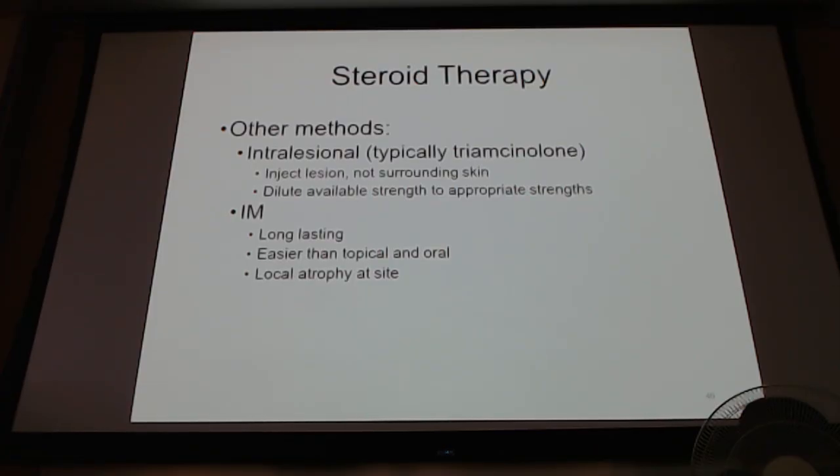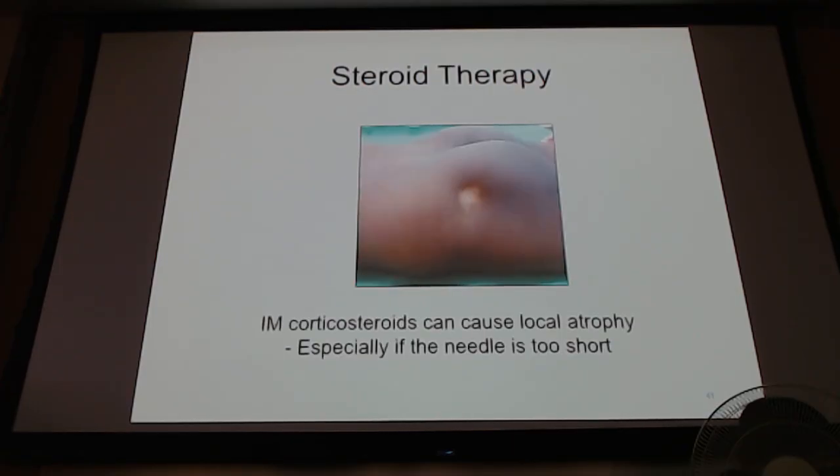So intralesional, dilute, depending on what that strength is, how that works. IM, if we're having some of that injection into that muscle, then we can have some of that atrophy that does occur.